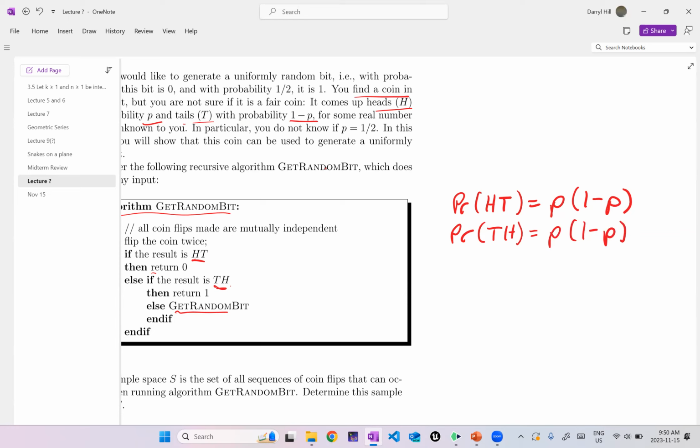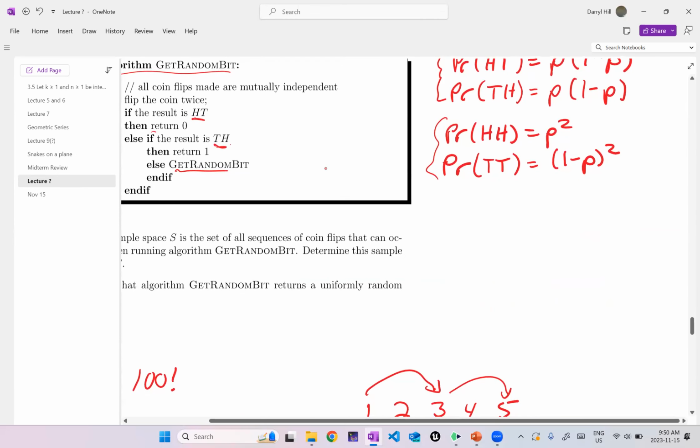Okay. And then I have probability heads heads is equal to P squared, and the probability tails tails is equal to (1 minus P) squared. Okay, so I perform this experiment until one of these two outcomes happens. And this is the probability that I keep going. So any event in my sample space is going to look something like this.